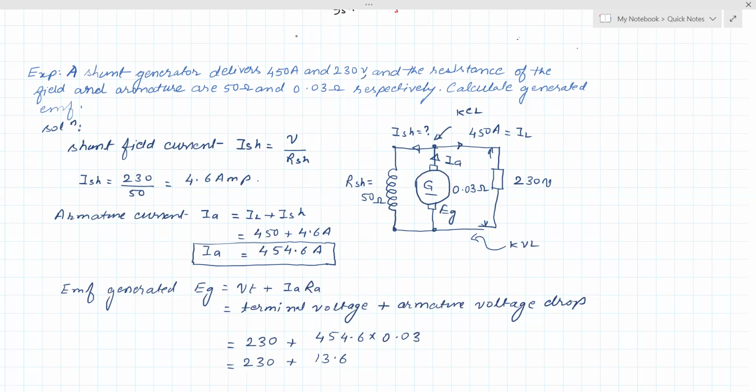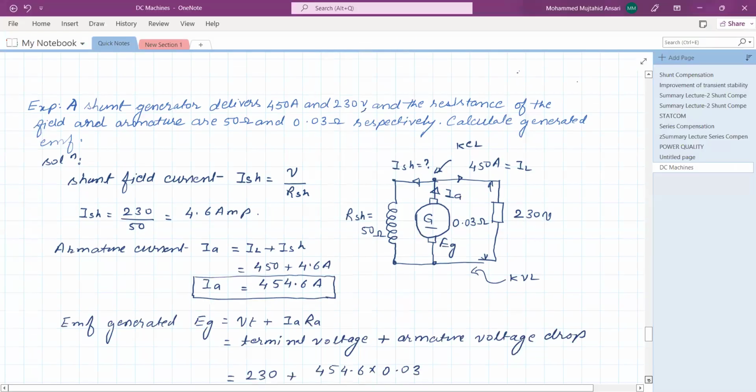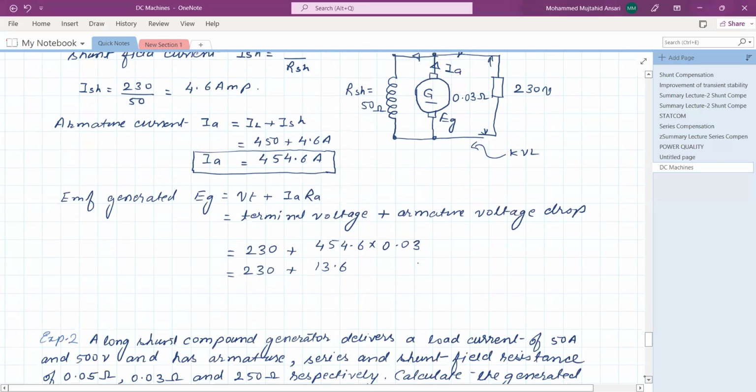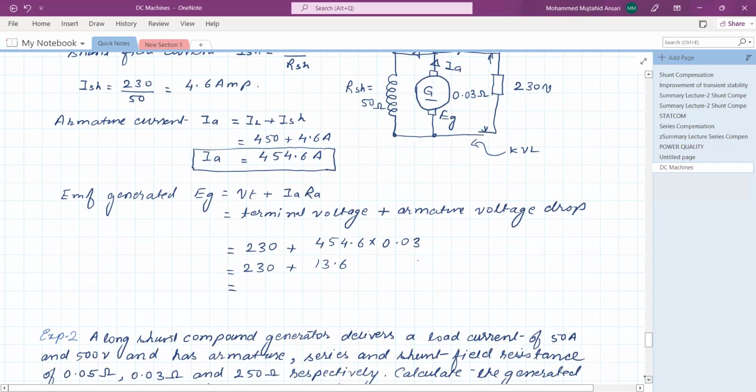So addition of these two is equal to 243.6 volt. So this is your EMF generated EG.